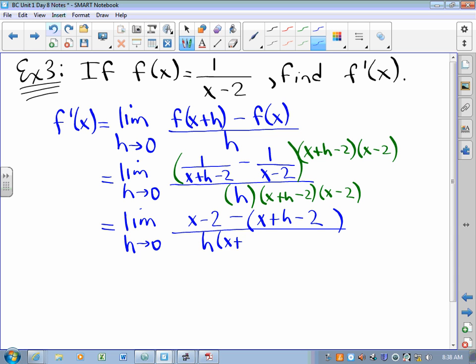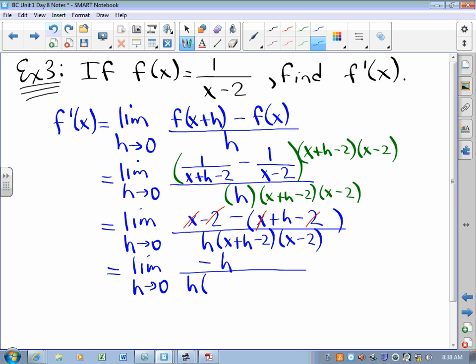And your denominator, I'm just going to leave that in factored form because we can use it that way. Well, once everybody's done kung fu fighting, x drops out with negative x, negative 2 drops out with negative negative 2. You've got a negative h over h times that crazy stuff.